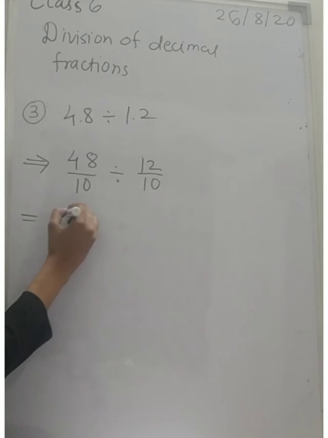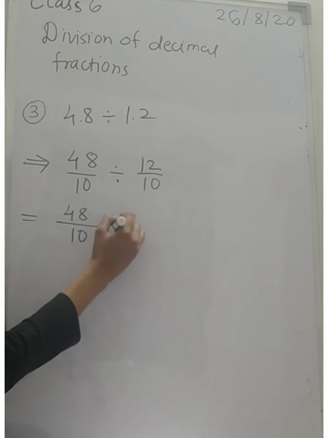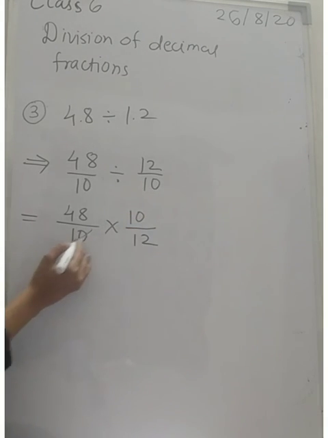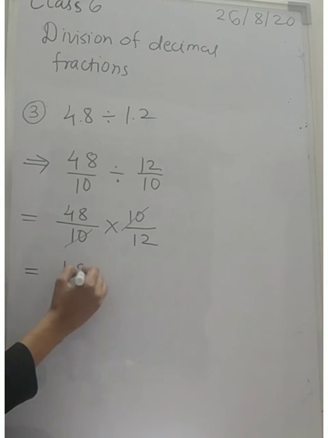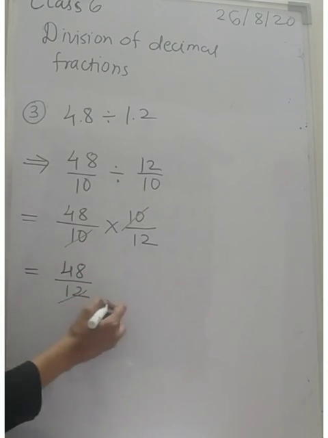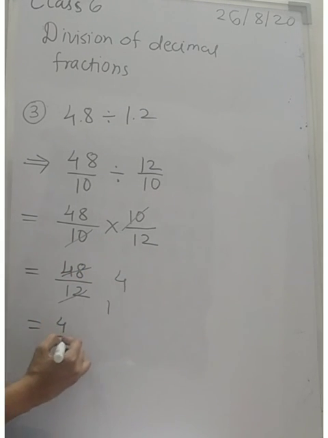So this will be equal to 48 upon 10 multiplied by 10 upon 12. Now this 10 will be cancelled. Okay, and what will we have? 48 upon 12. Now you know that 12 ones are 12 and 12 fours are 48. So what do we have here? 4 upon 1 and that means 4.